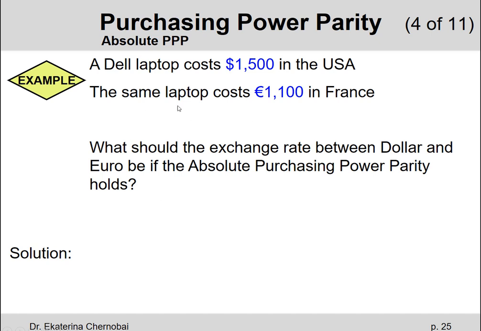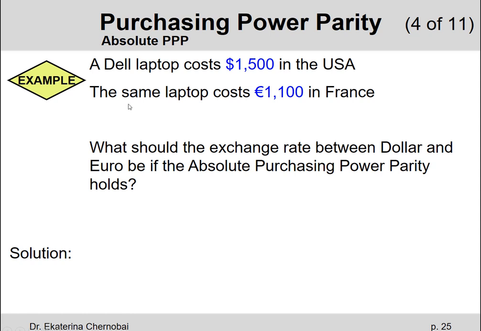Let's do another example on the absolute purchasing power parity, or how much something should cost if it's priced right. Let's say we have a commodity, which is a laptop produced by Dell, a Dell laptop. It costs $1,500 in the United States of America.